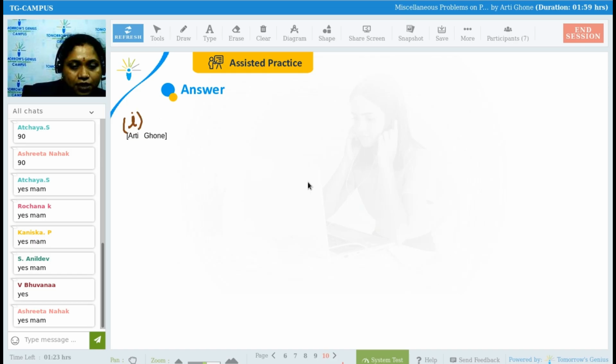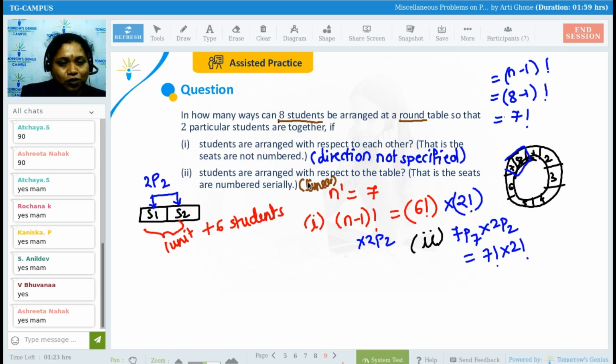I am writing this answer in the CBSE pattern. Now we know this one is for JEE.